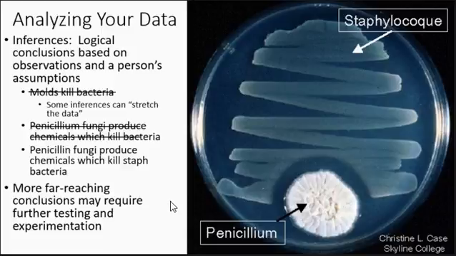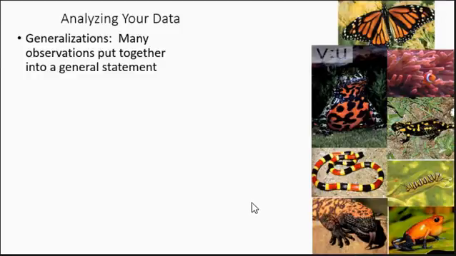Another thing we can do with data that we collect is we can make generalizations. Generalizations are statements that bring together many different observations. For example, if you look at these guys right here, this is a monarch butterfly.